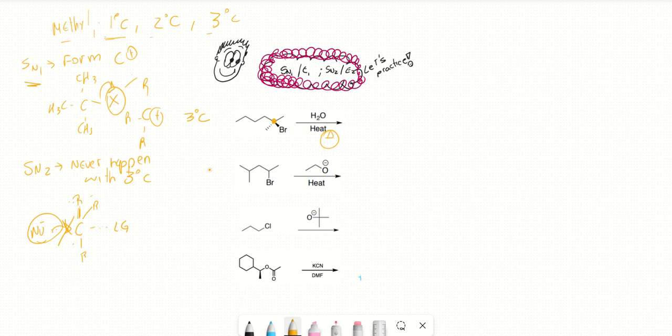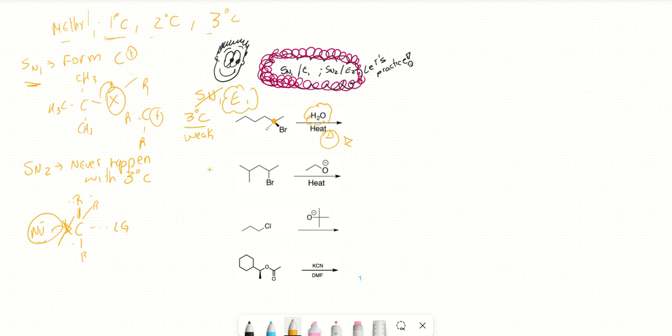So with this tertiary carbon I cannot have SN2, but I can have SN1, right? But since I have heat, and also a weak nucleophile or base, this will not be SN1, it will be E1.